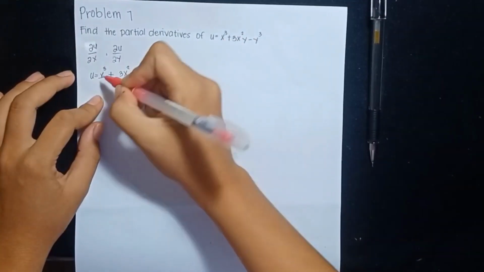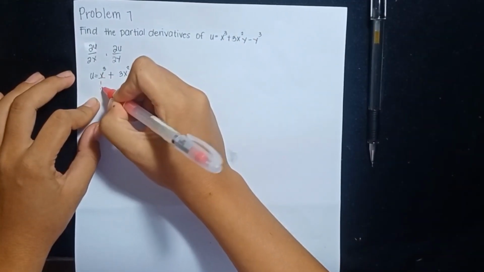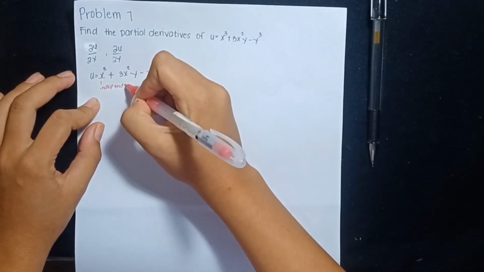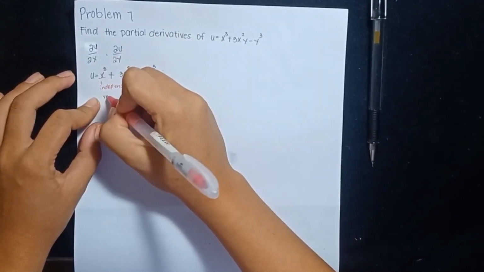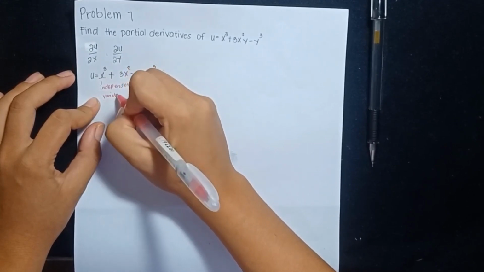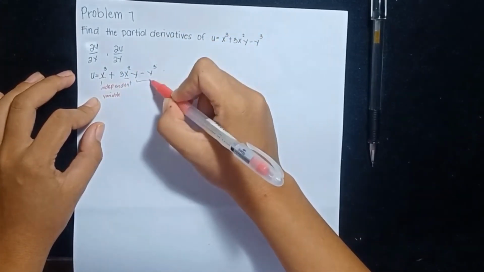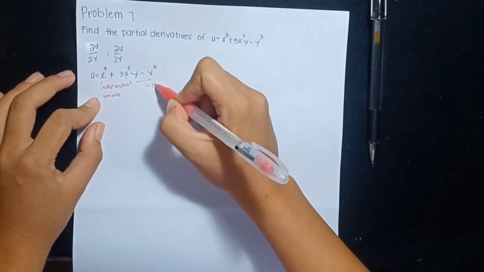This would be the independent variable, and these two would be the constant.